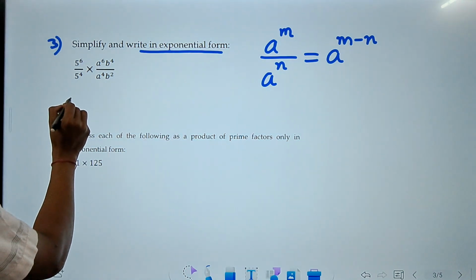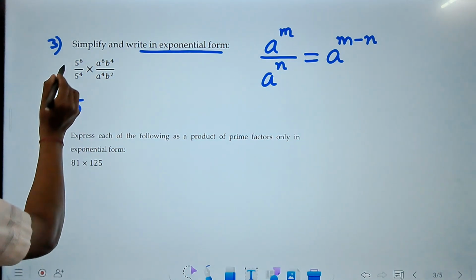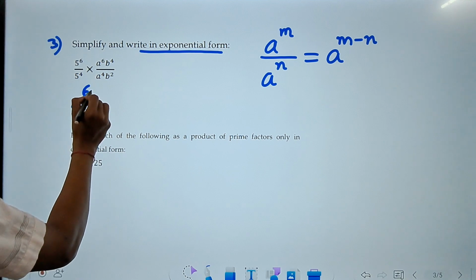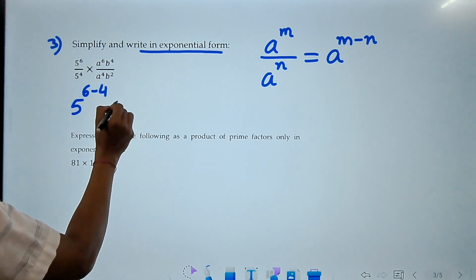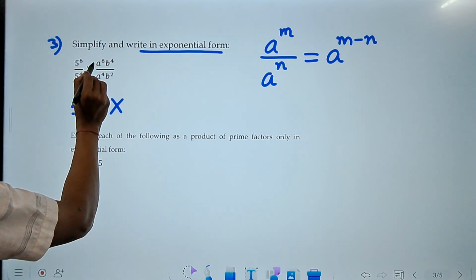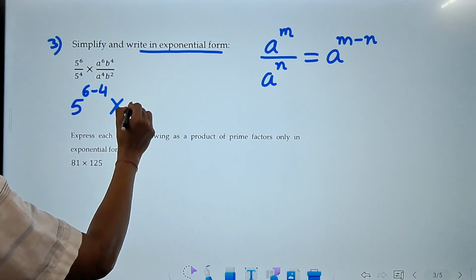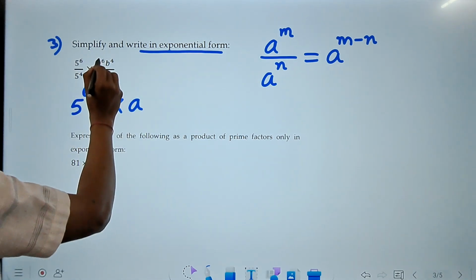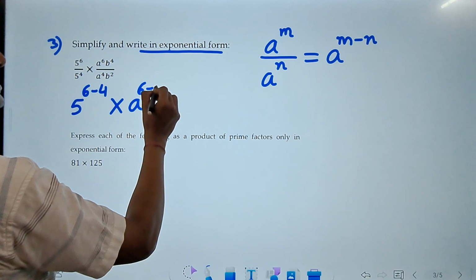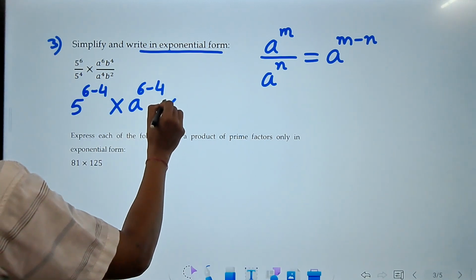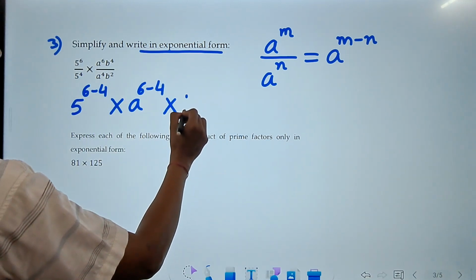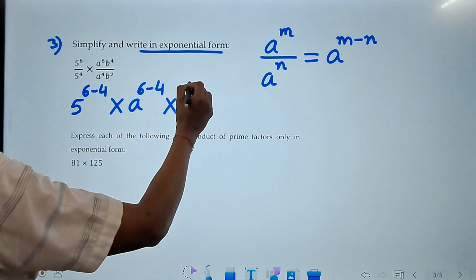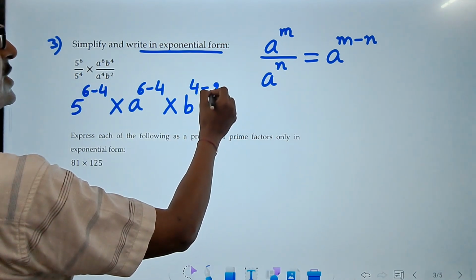So here you can see 5 is the common base and the powers 6 and 4, they get subtracted and then multiplied by. Here you have a and a, so base a remains the same and the powers 6 and 4, they get subtracted, times we have b, where the exponent in the numerator is 4 and in the denominator it is 2.